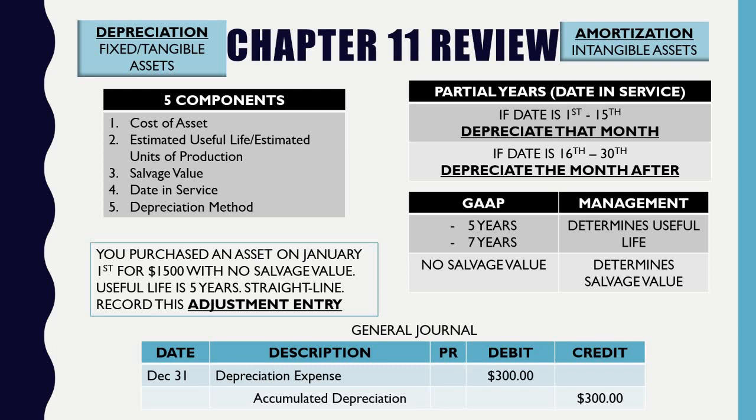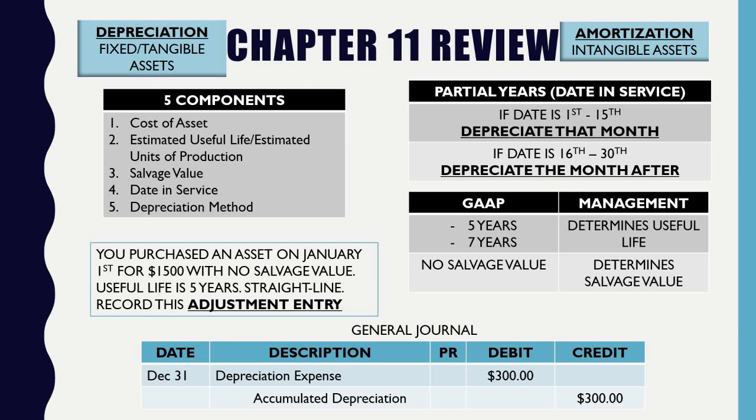Once again, they're broken down into a few things that you need to know, such as the date that you place into service, which is important because you want to determine how much you used it for that month. Okay, so if it's anywhere within the first 15 days, you depreciate it that month. If it falls after the first 15 days, like anywhere from the 16th to the 30th day, then you depreciate it the next month.